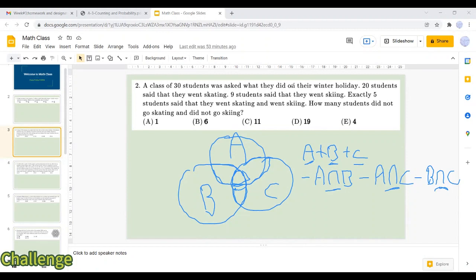So we have to add back A and B and C. Okay. Basically we're finished now, and this is the formula for A, B, and C.